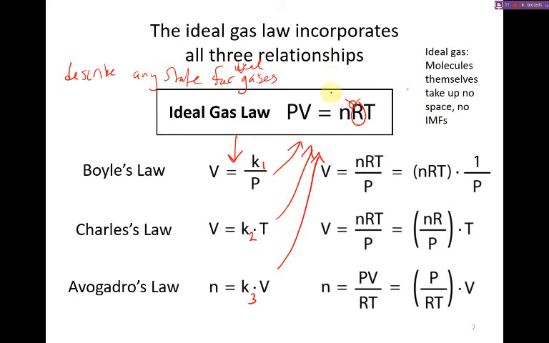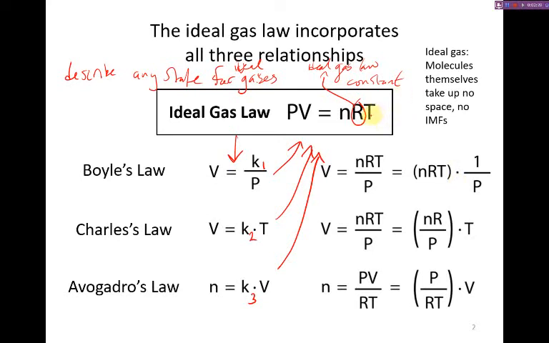Let's just rewrite this. And the assumption here is about what an ideal gas is. And ideal gases, as we talked about with the kinetic molecular theory, we've said that gases do not occupy space.